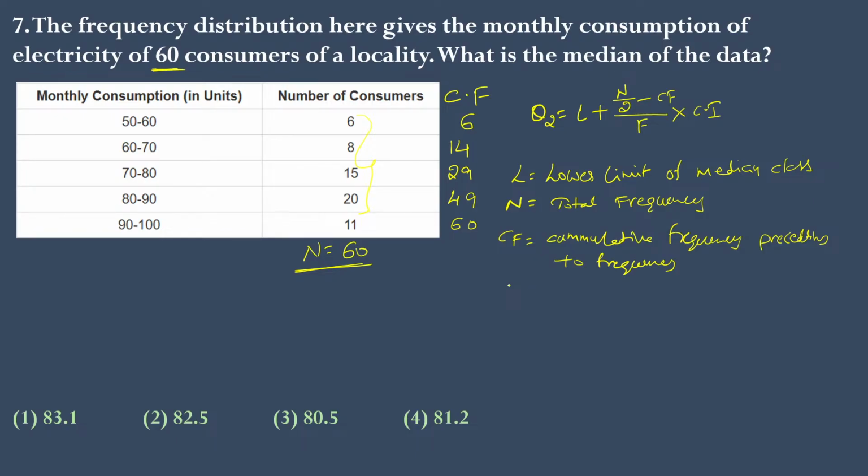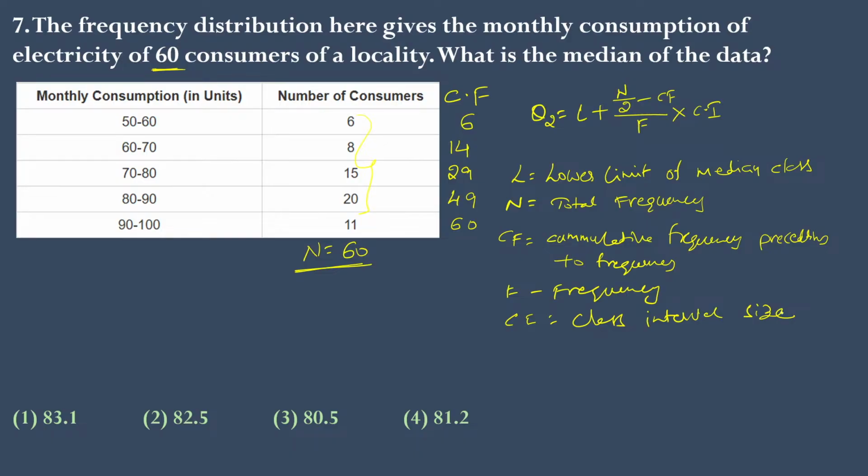F is the median class frequency. Ci is the class interval size.